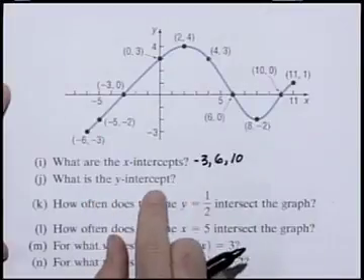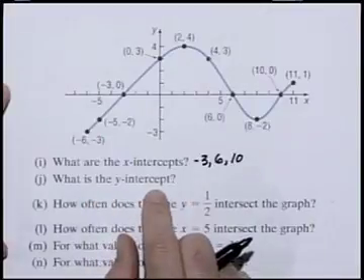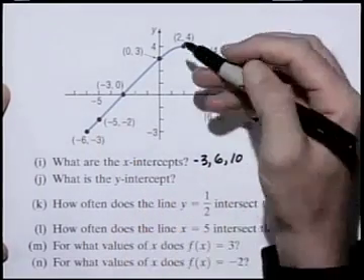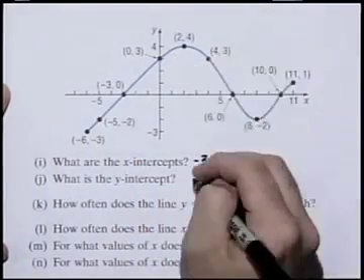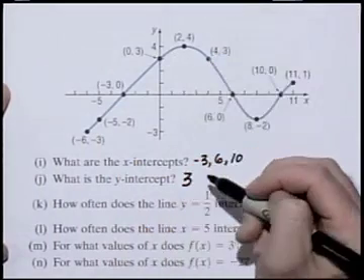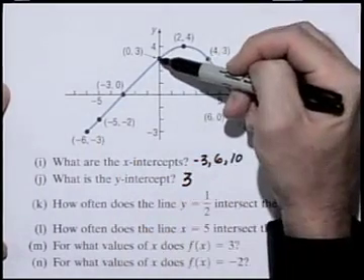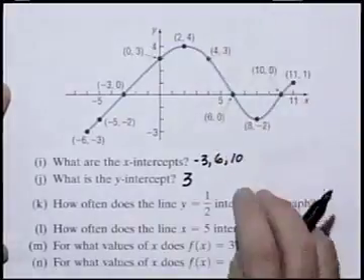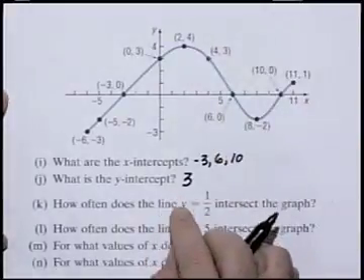What is the y-intercept? The y-intercept is the point where the graph crosses or touches the y-axis. We can see that the y-intercept is 3. Again, we don't have to report the x-coordinate because it's understood that the x-coordinate is 0 at the y-intercept.